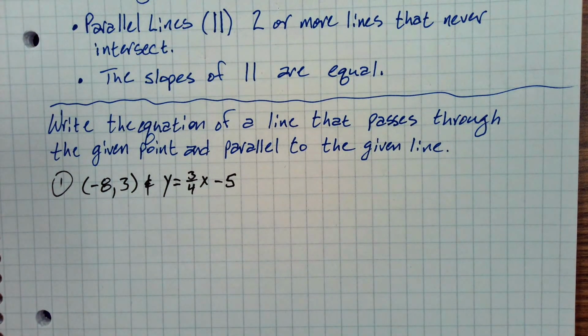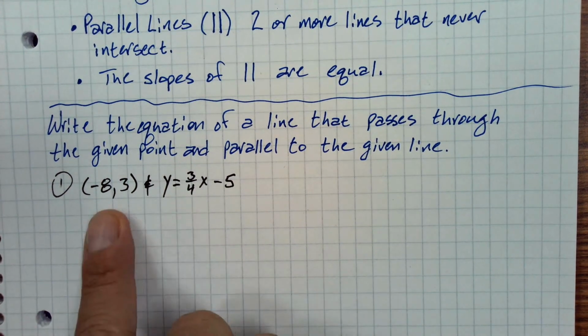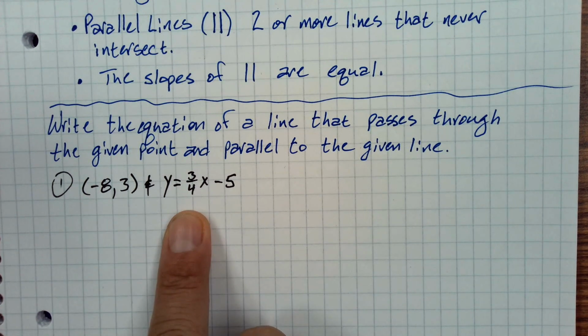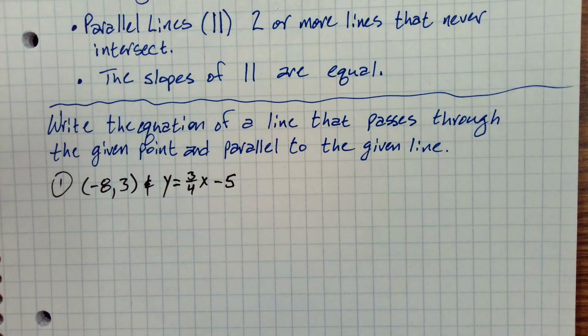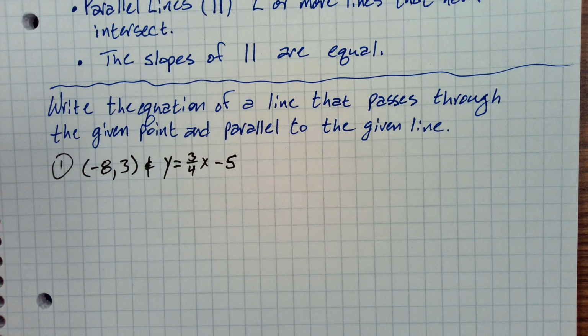I want it to go through this point, but it's going to be parallel to this line. So I want us to think, how can we do that? I want to come up with a new equation for my other line. Again, it goes through this point, and it's going to be parallel to this line.